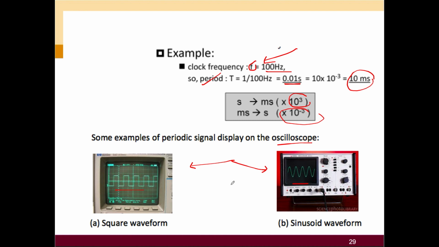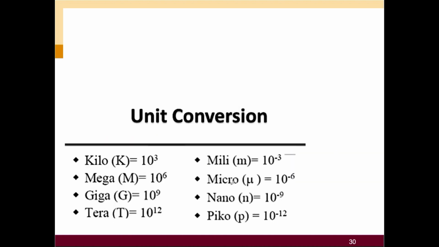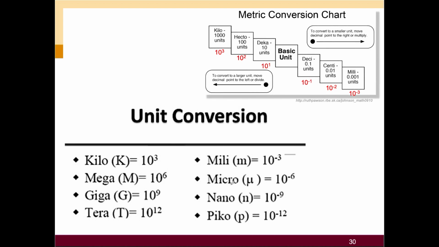Quite simple, isn't it? So next, this one, which I already mentioned, you're going to learn because this one is just a conversion of your mathematics numbering. So you have over here kilo, mega, giga, tera.